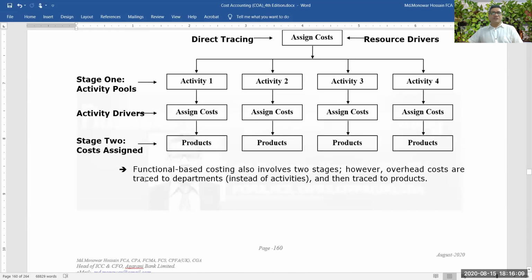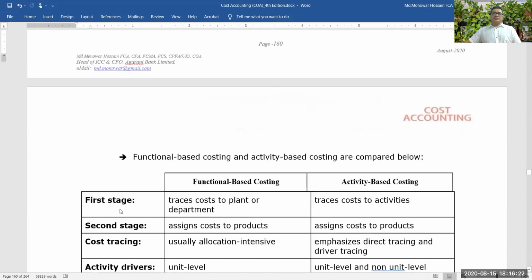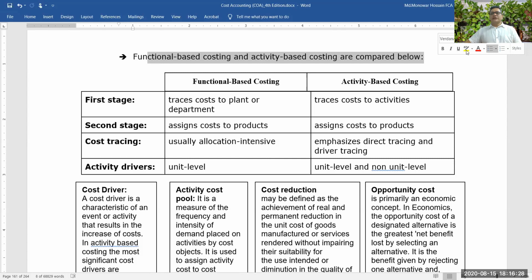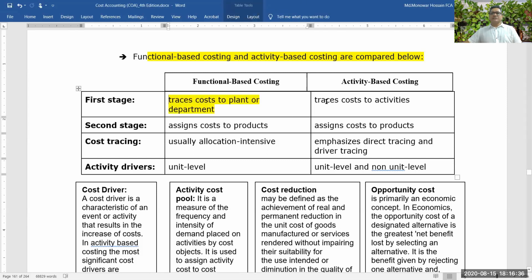Functional based costing also involves two stages, however overhead cost is traced to departments and then to the products. Functional based costing and activity based costing, if we compare here, in the first stage functional based costing traces cost to the plant or department, and activity based costing traces cost to the activities.